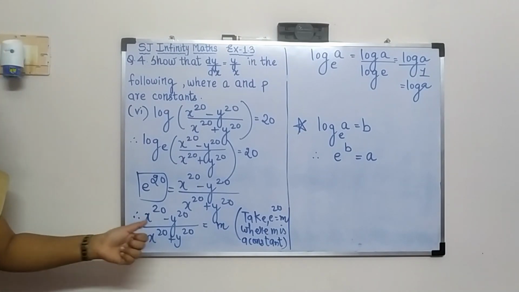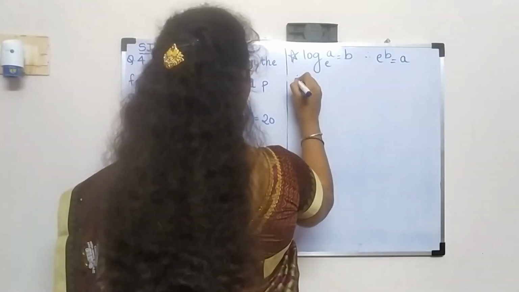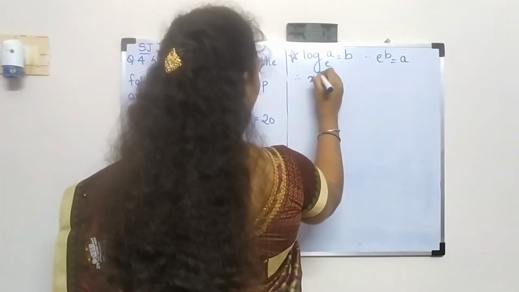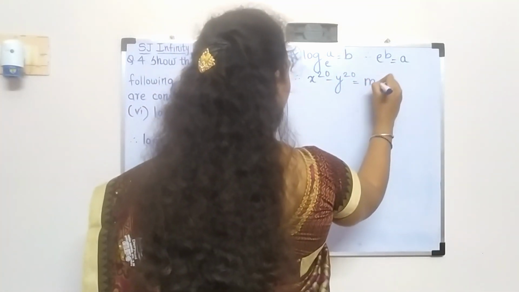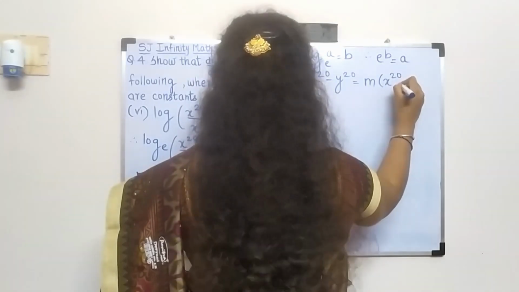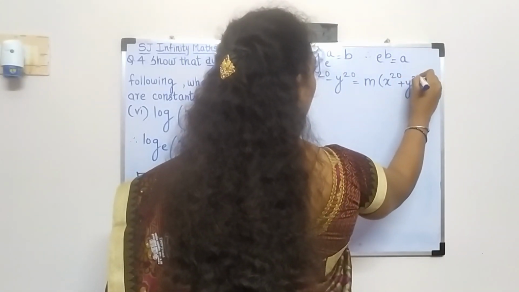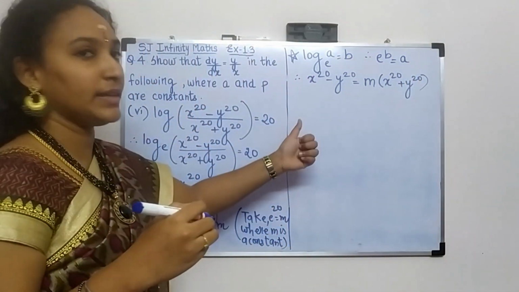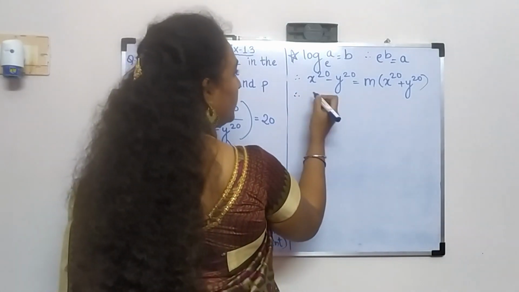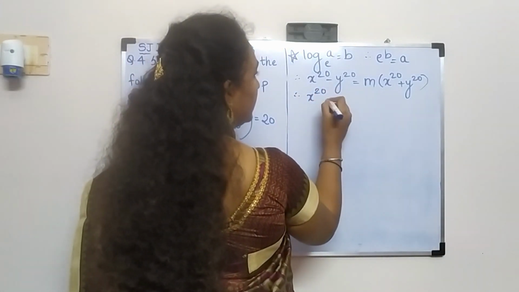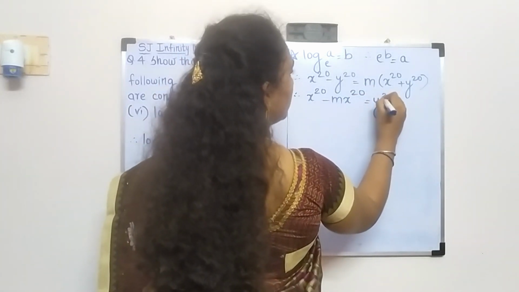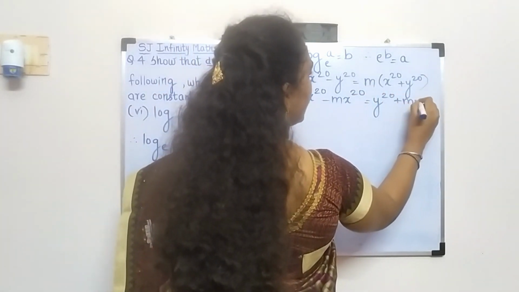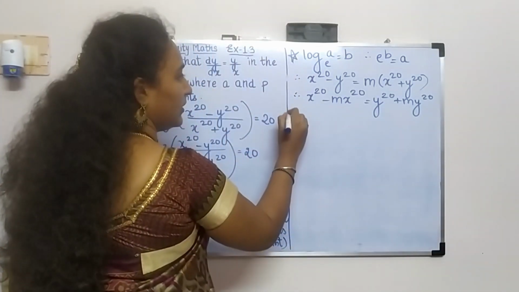Okay. Now we can cross multiply this. Therefore, x power 20 minus m times x power 20 is equal to y raised to 20 plus m times y raised to 20.